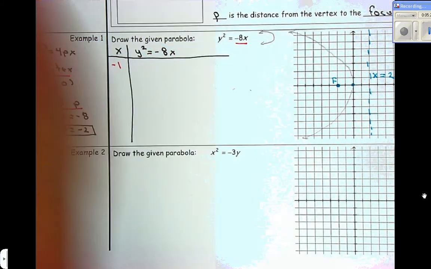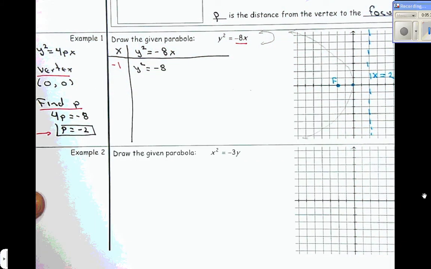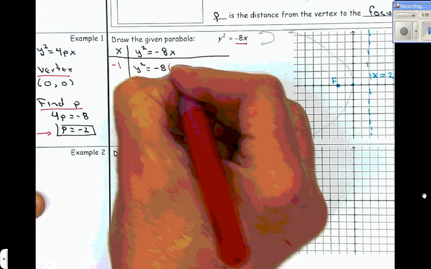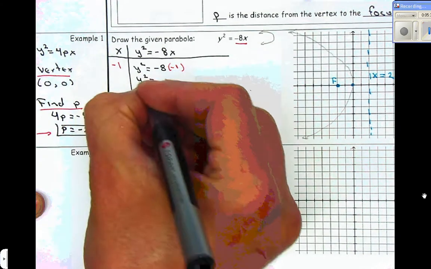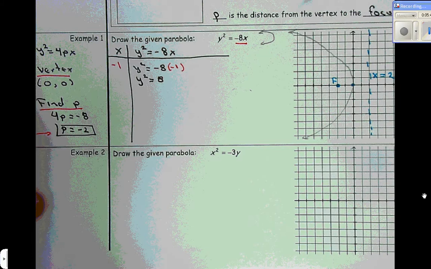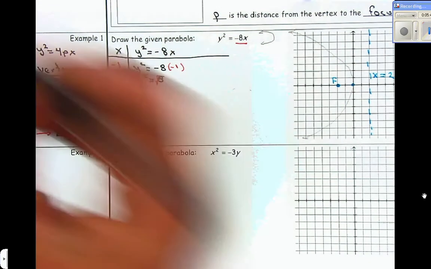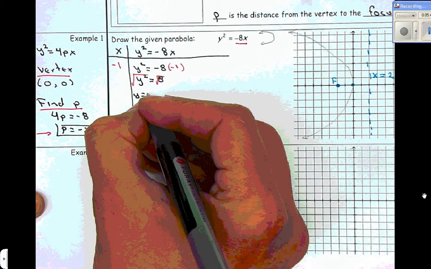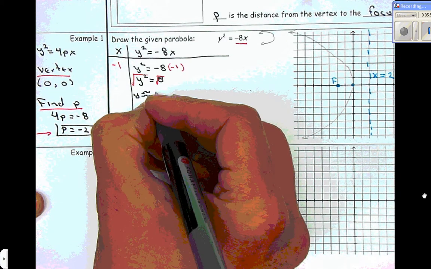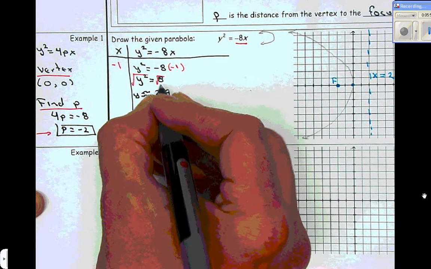That will give me y squared is equal to negative 8, and instead of the x it will be a negative 1. That'll be y squared is equal to 8. And I'm going to take the square root on both sides to solve for y. y is equal to the square root of 8, which is approximately 2.9. The square root of 9 is 3. This is 1 less than 9, so this will be 2.9.